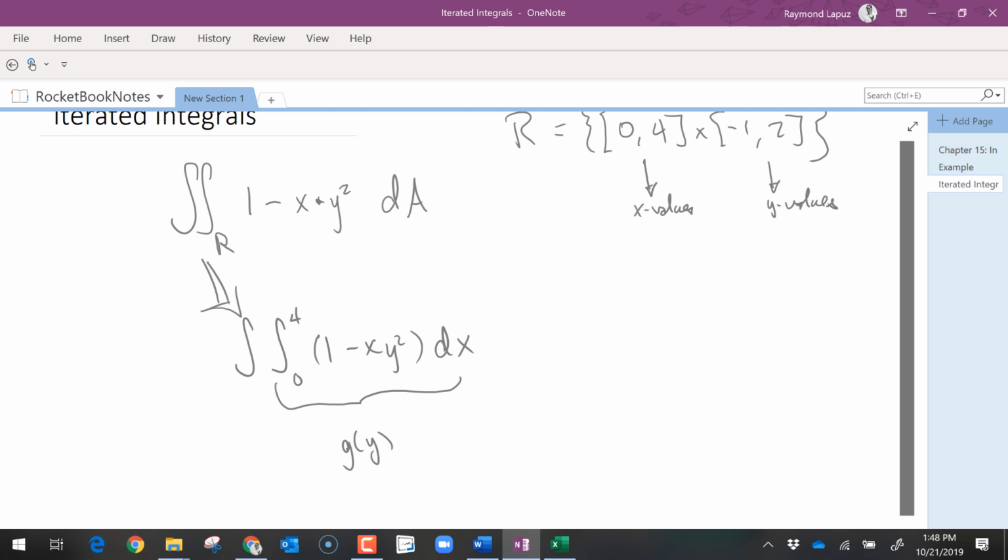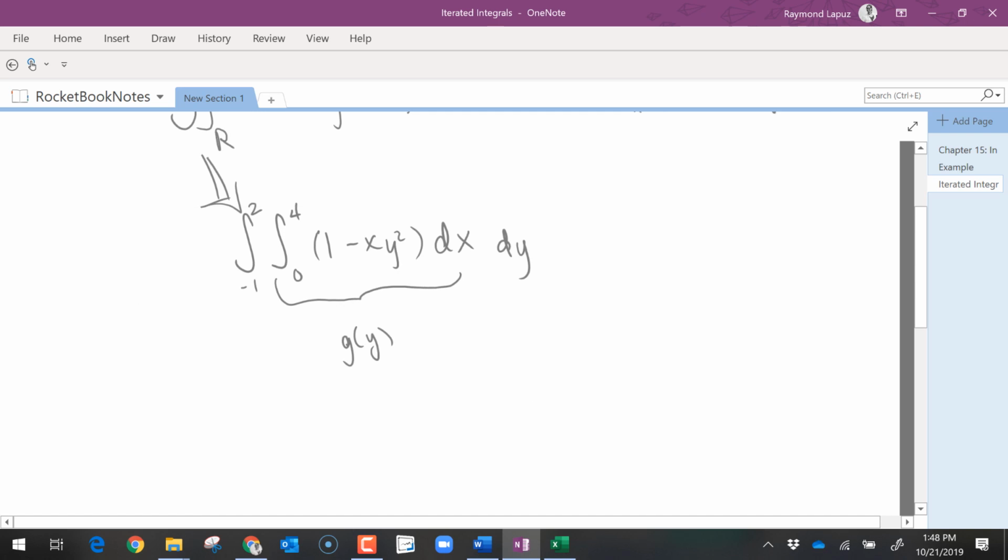And then you're going to integrate this with respect to y from -1 to 2, and then you would get your result. So an iterated integral is an integral where you work from inside out. And in the inside integral, it's possible that you're going to get an expression with the other variable in there. So let's try to do this.